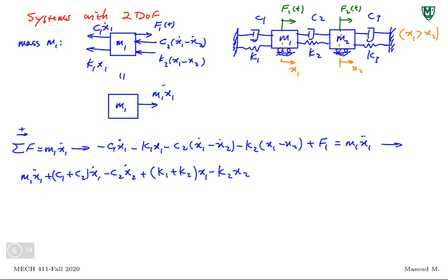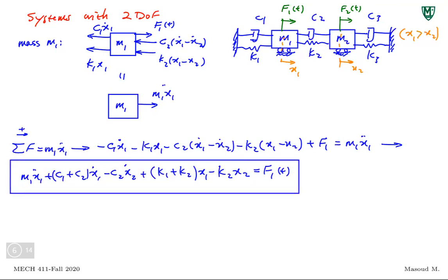Positive goes to the other side, becomes negative. This is equal to F1, and this is F1 of t. I have to write it correctly. So this is the equation of motion.